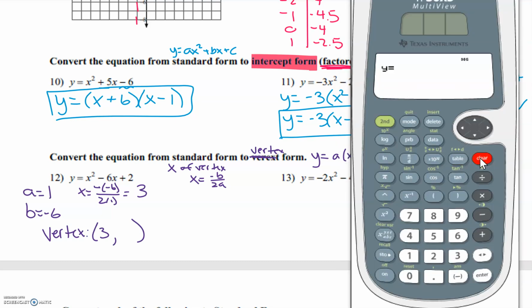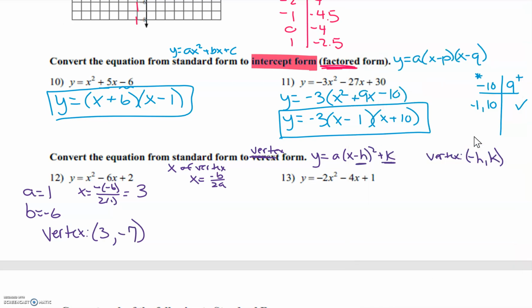Let's take the form that was given, x squared minus 6x plus 2, and on our table, we just start at 0, and we can either do auto, or you can even set it to ask. Either way, we just want to go to where the x is 3, and we see that the y is negative 7.